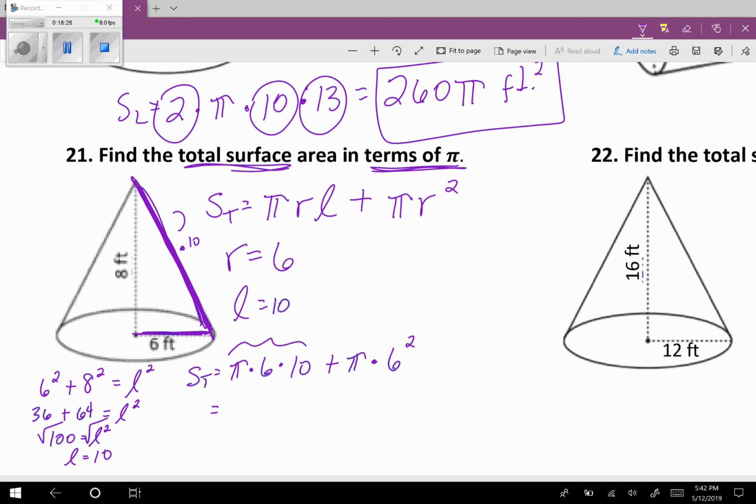So do the first part on its own, the second part on its own, and then add them. So right here, 6 times 10, that's 60 pi, plus, now here, we just have 6 squared, so that's 36 pi. So then you add the 60 and the 36, and that gives you 96 pi, and it would be feet squared.